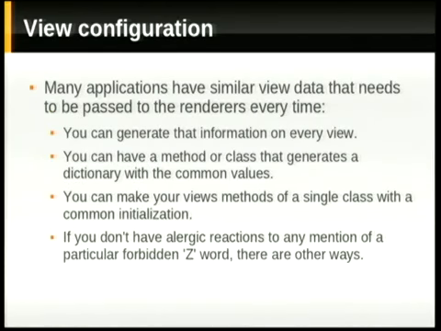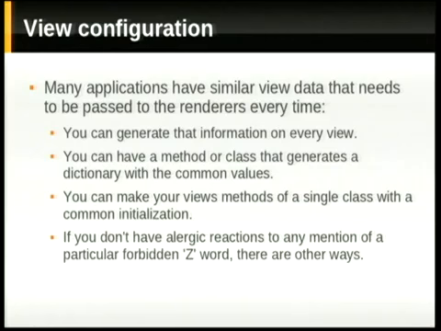There are many applications that have similar view data that needs to be passed to the renderers. So you can generate that information in every view. There are many alternatives to doing that. You can have, for example, a method or a class. If you need to pass the same 10 values every time, the code gets 10 more lines for each view. So sometimes it's better to just call a class or a function. Since Pyramid views can be any callable, you can use a class, you can use a function, or you can even use methods of a class.